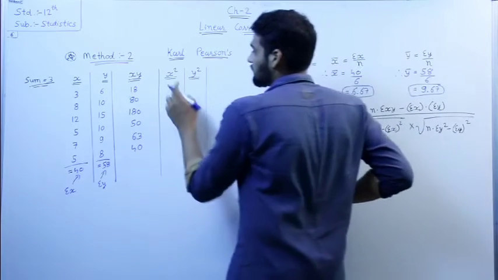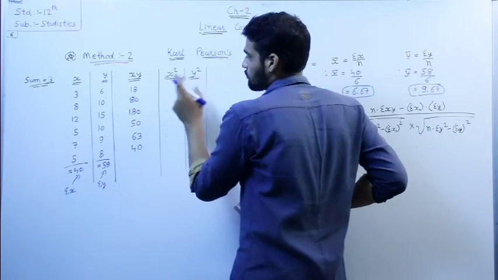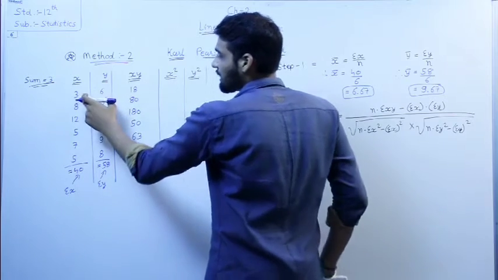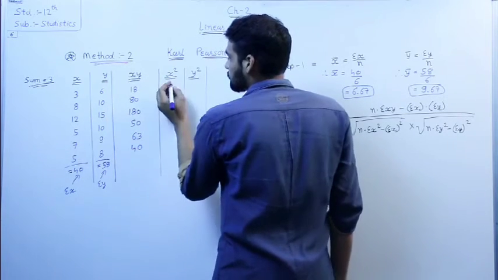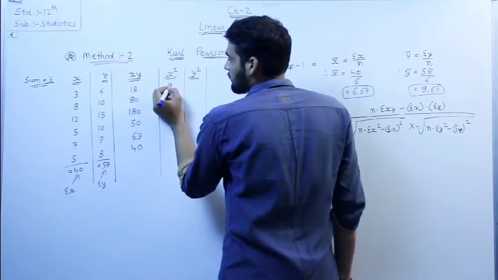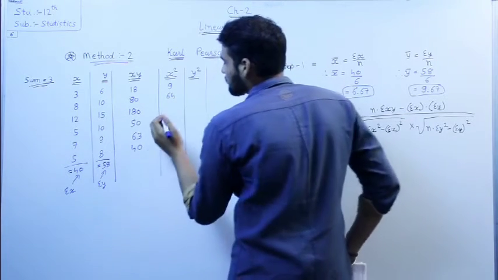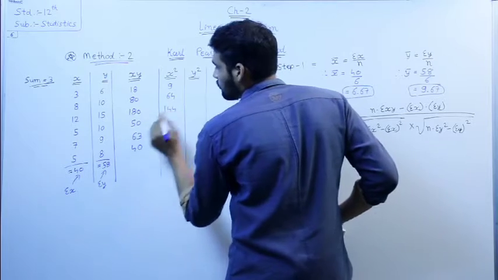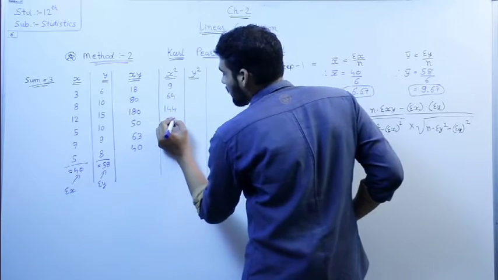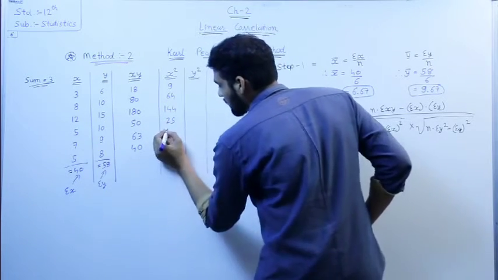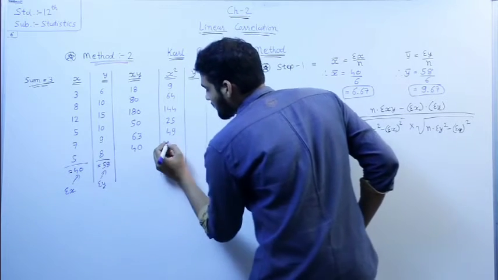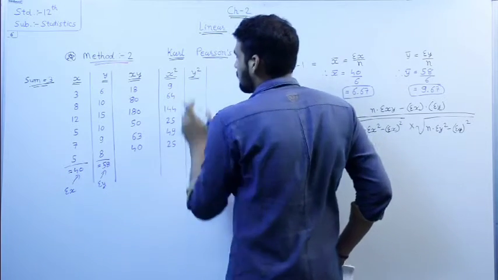Now we find the x square column and y square column. The x square column means squares of variable x. So 3 square is 9, 8 square is 64, 12 square is 144, 5 square is 25, 7 square is 49, and 5 square is 25.